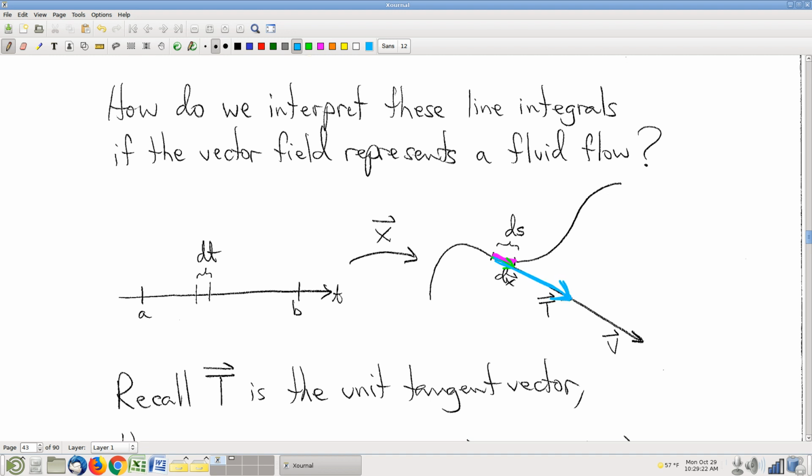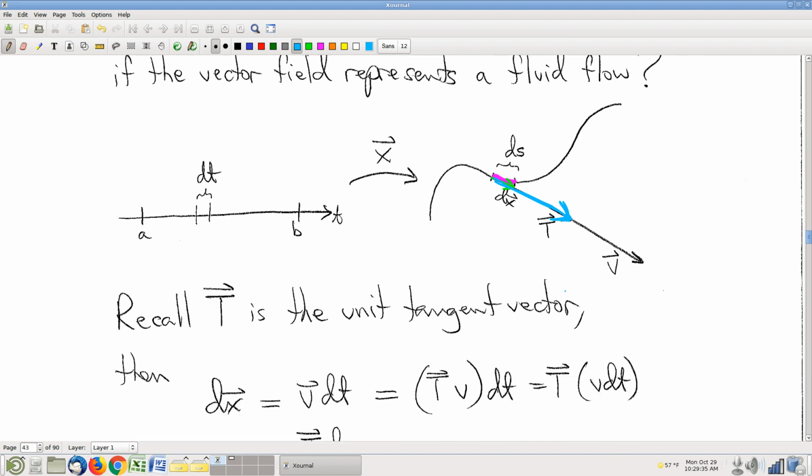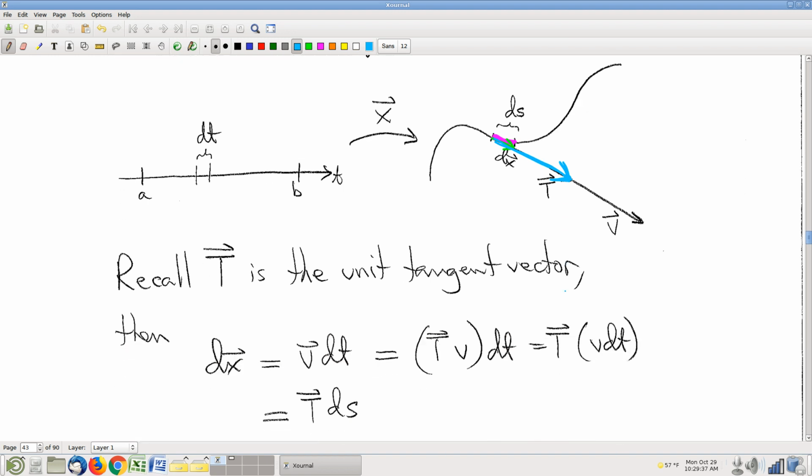That is the unit tangent vector. So we have talked about the unit tangent vector. It was a while ago, right? We were talking about curvature back in chapter 12, and it ended up being a useful tool for some of those things.